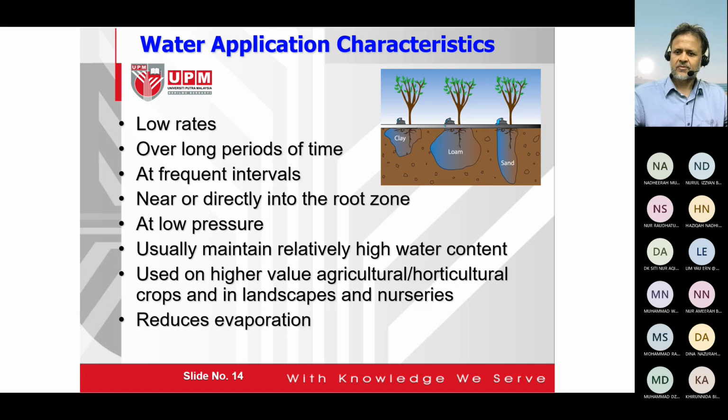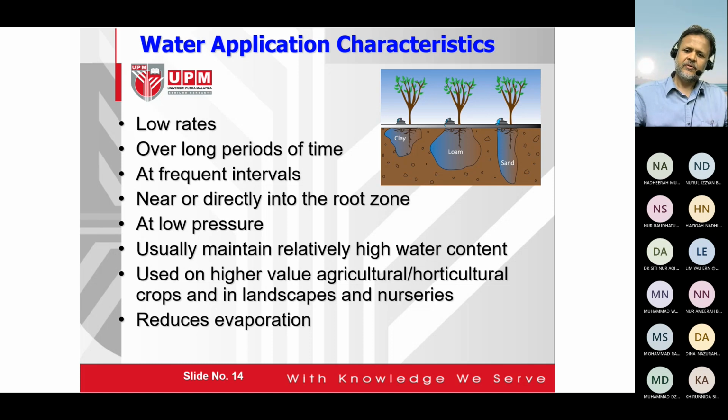Micro irrigation system is good because it applies water by drops, a very slow amount, so water will not move very fast. But if we use sprinkler irrigation, the flow rate is very high, so once we apply it, water will move very fast. So if your soil is sandy, micro irrigation system is more useful than the other system.